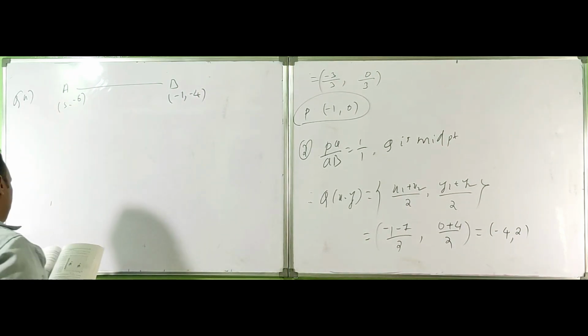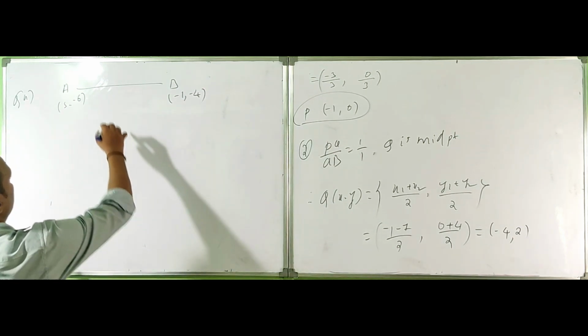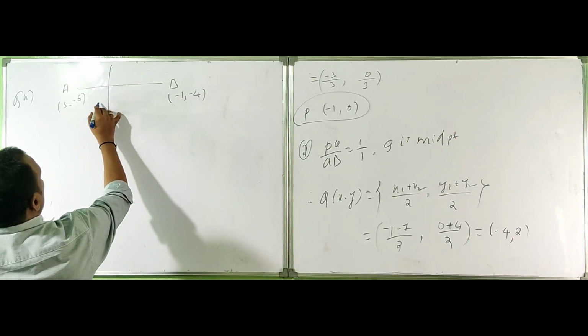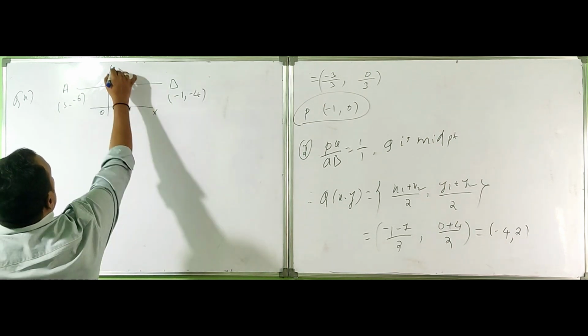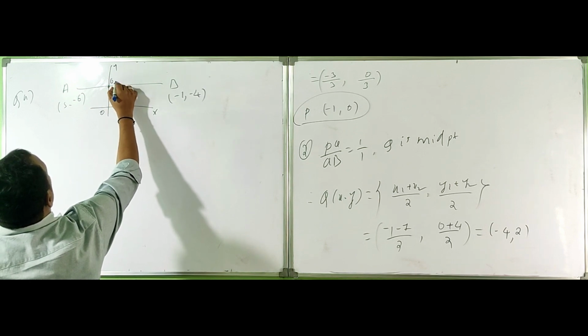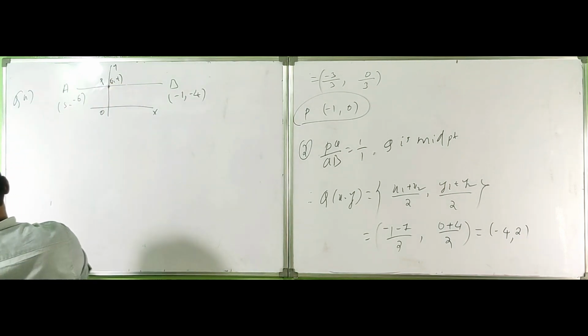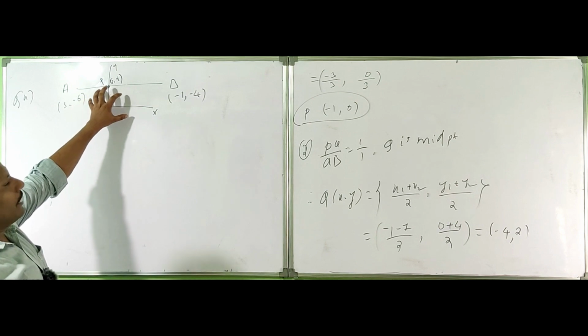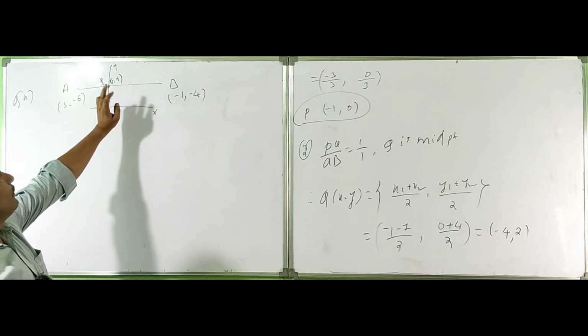The condition is to find the ratio in which the y-axis divides the line segment. This is the y-axis, right? Very important point here: any point on the y-axis has x equal to 0, so the point is (0, y).